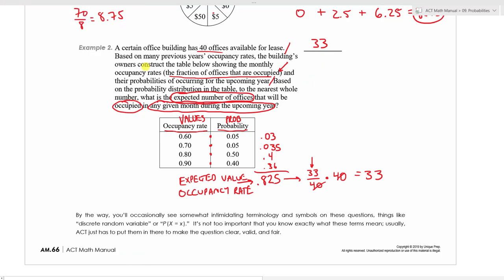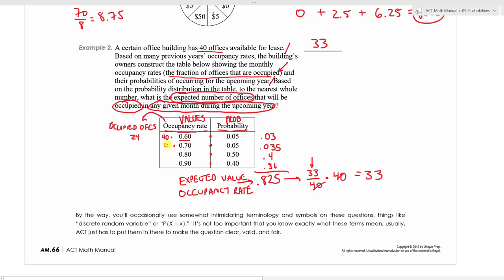The other way that we could have approached this is we could have immediately converted occupancy rate to occupied offices. And the way that we do that is we simply say, well, if there's an occupancy rate of 0.6, if we multiply that by 40, we will get 24. So an occupancy rate of 0.6 converts to 24 occupied offices.